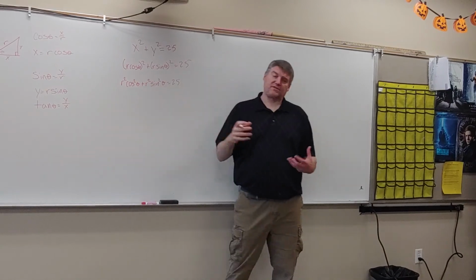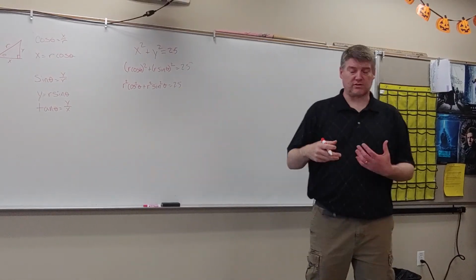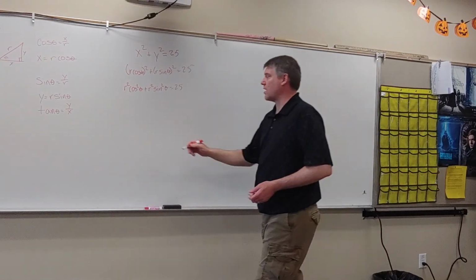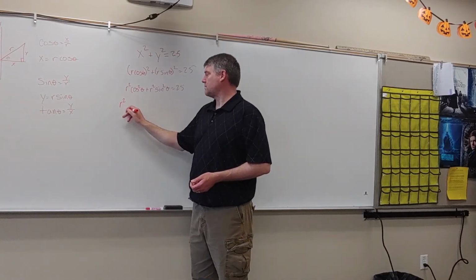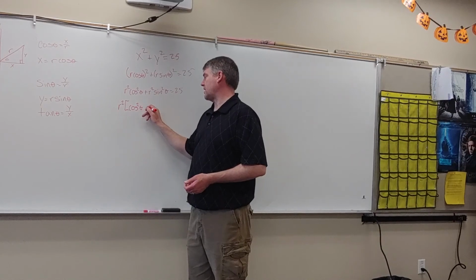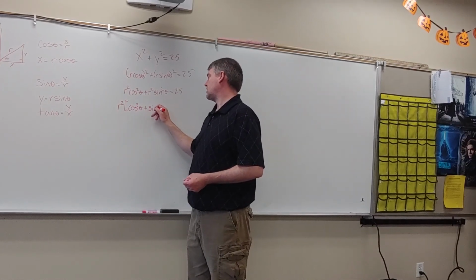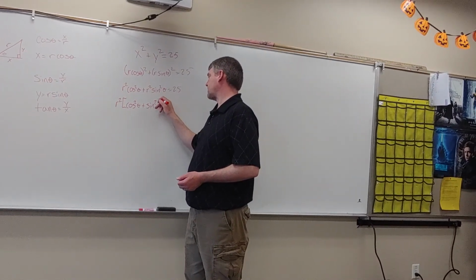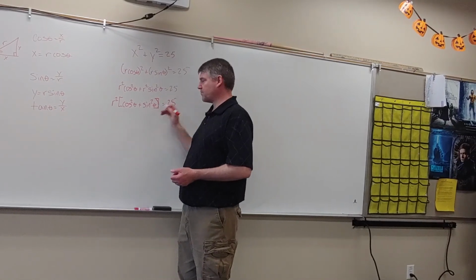You notice that they have an r squared in common. So we're going to factor out that r squared: r squared times (cosine squared theta plus sine squared theta) equals 25.